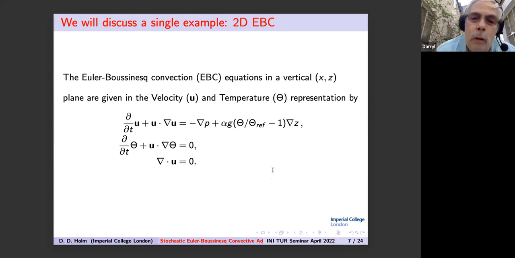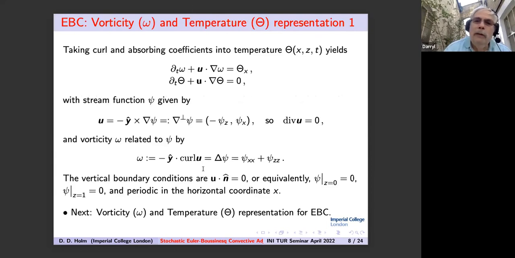So we're going to just talk about one example, which is the vertical plane Euler-Boussinesq convection equations, EBC. And here's what they look like in the velocity and temperature representation. The velocity is u, the temperature is theta, and the velocity is divergence free. Okay, and if we think about vorticity and temperature representation, we take the curl and in that temperature part, we absorb the various coefficients or units into that term in theta.